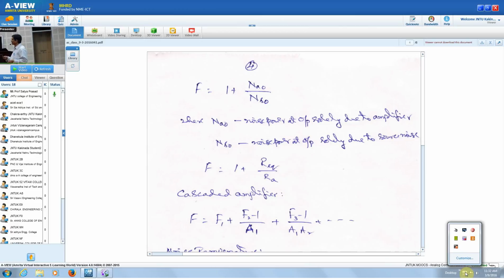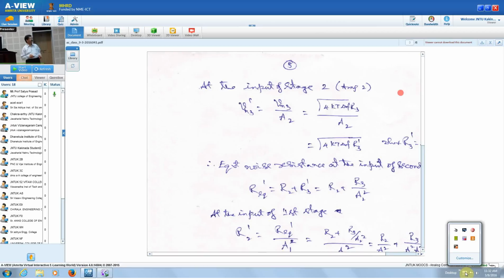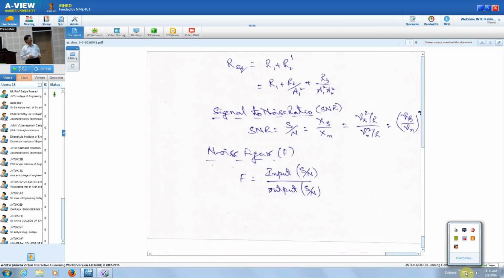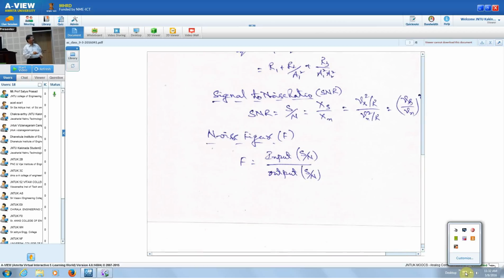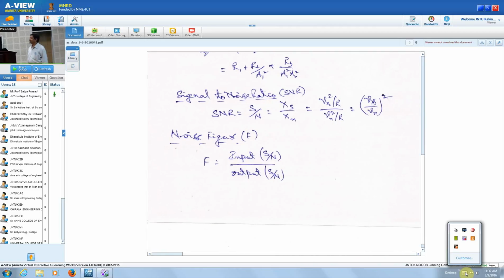We are defining the noise figure as input signal to noise ratio by output signal to noise ratio.